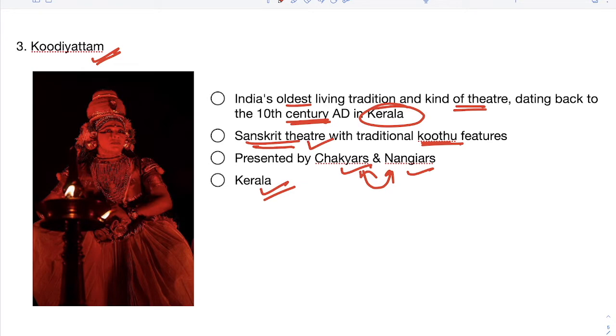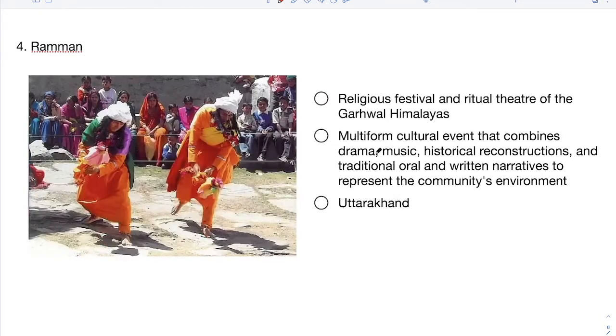Okay, and the next one, the 4th one, is Ramman. Ramman is a religious festival and ritual theatrical form of the Garhwal Himalayas. Garhwal Himalayas are in Uttarakhand. The state related to this festival is Uttarakhand, and it is a multi-form cultural event that combines drama, music, historical reconstructions, and traditional oral and written narratives to represent the community's environment.